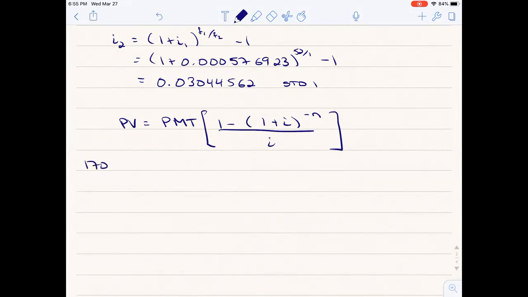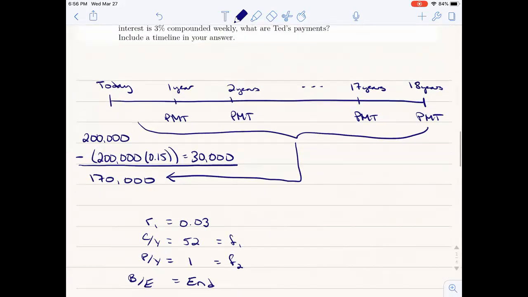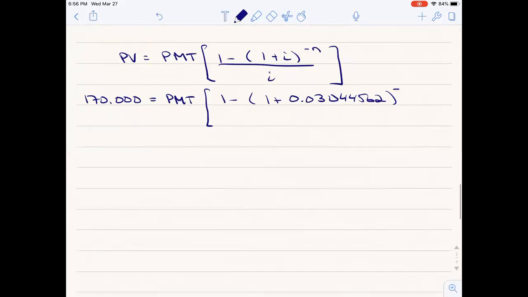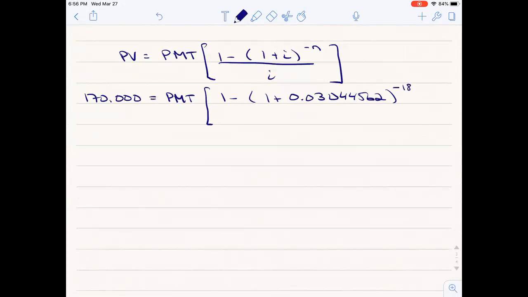So the present value is 170,000. We're trying to solve for the payment amount, 1 minus 1 plus, and then again, you're allowed to put recall 1 if you want, but I'll just do the numbers, 0.030445562 to the negative, just 18 years, yearly payments, over 0.030445562.